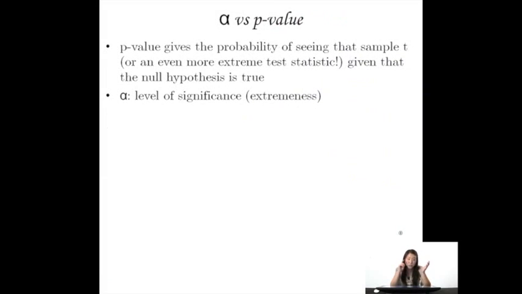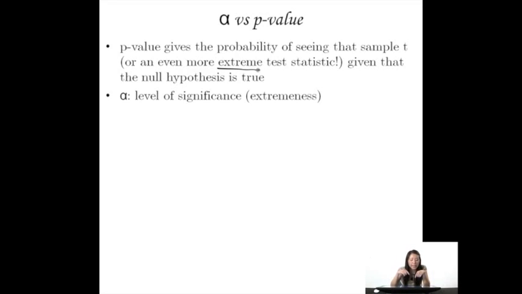Let's talk, just to recap, about alpha versus p-value. The p-value gives the probability of seeing that sample t or an even more extreme test statistic given that the null hypothesis is true. We say extreme because it could be way bigger or way smaller, either side.